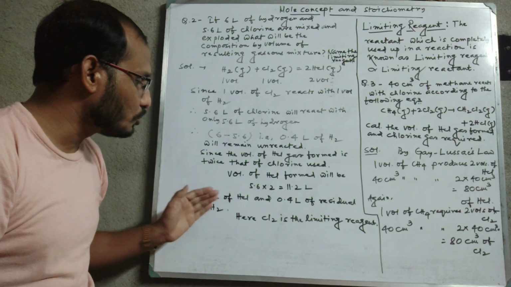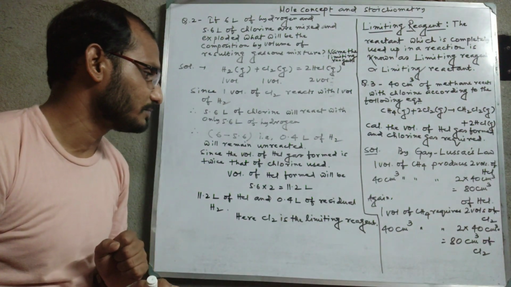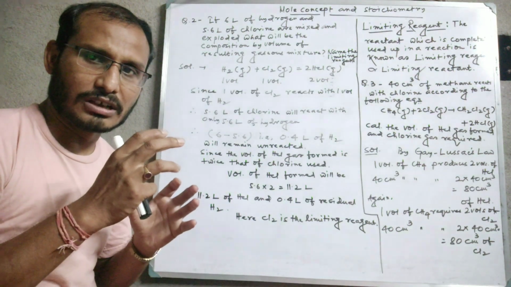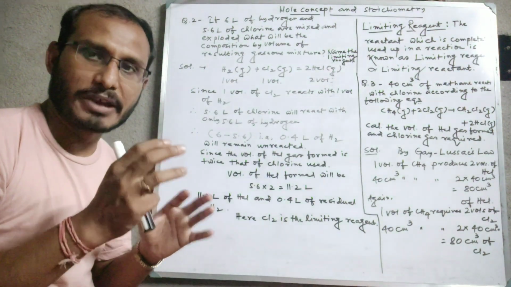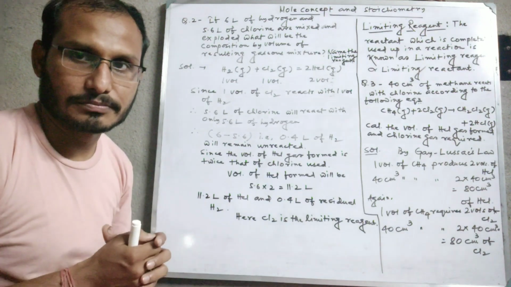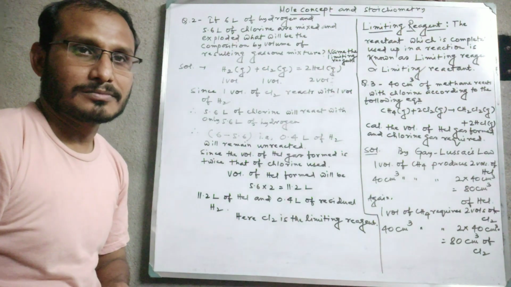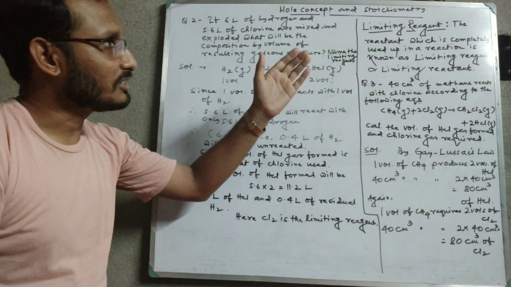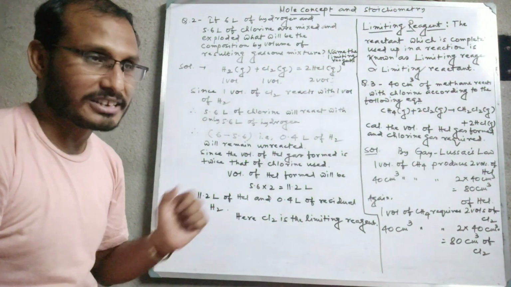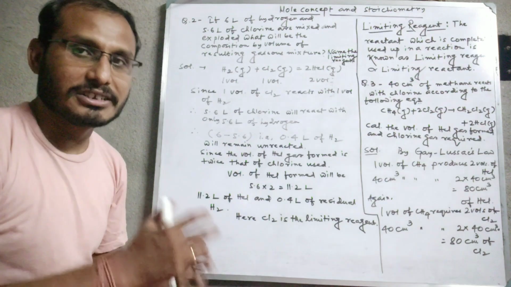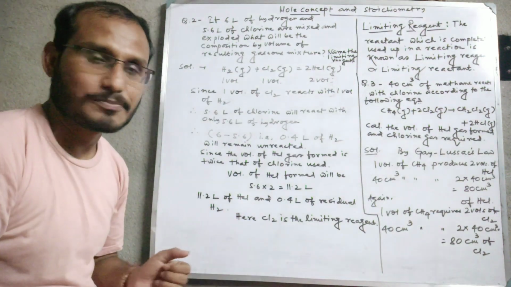So 11.2 liter of HCl and 0.4 liter of residual hydrogen will remain in the reaction medium. The reactant which is completely used up is chlorine, so the limiting reagent will be chlorine. Understand?